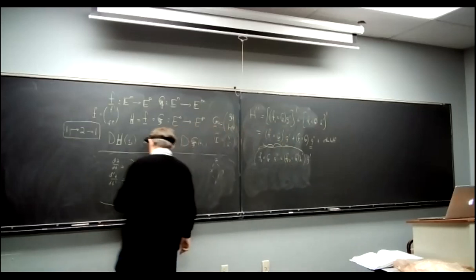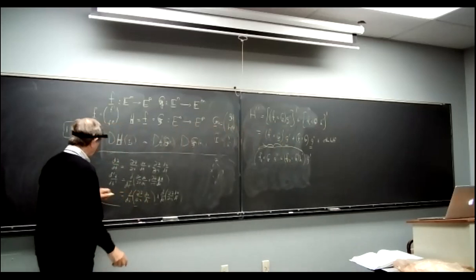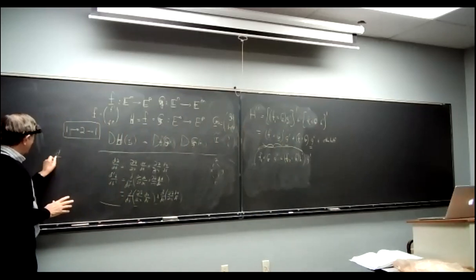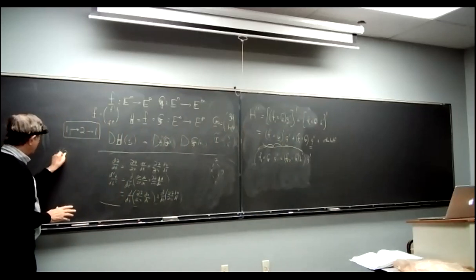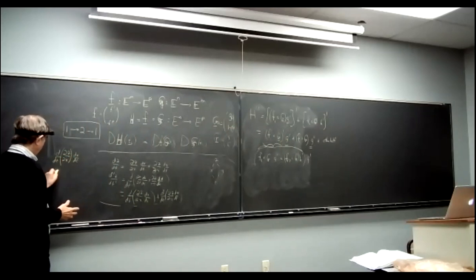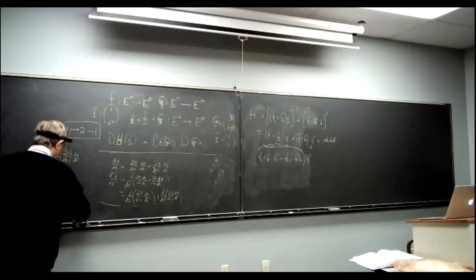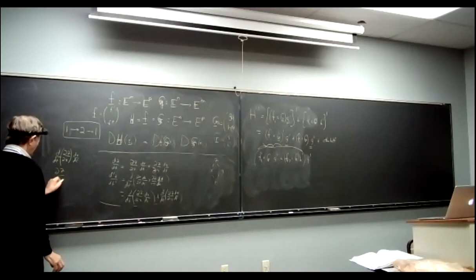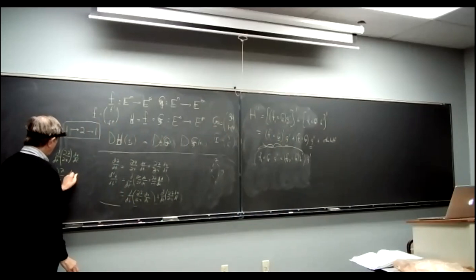So again, I have a product, so I'm going to differentiate, and I'm going to write it right here. The first one is going to be d dt of dz dx, leave the other one alone, plus dz dx, d dt of dx dt.